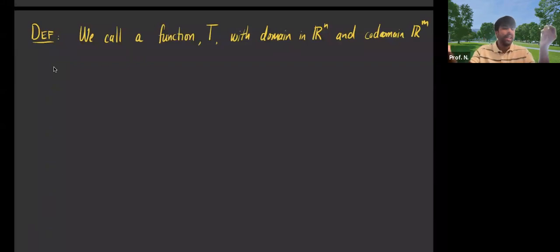So n and m are not necessarily the same. They could be, but not necessarily. So we're in an n-dimensional space for our domain, and our codomain is an m-dimensional space.